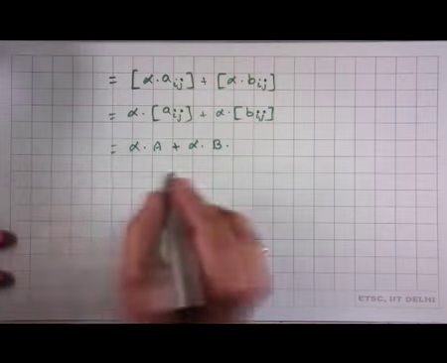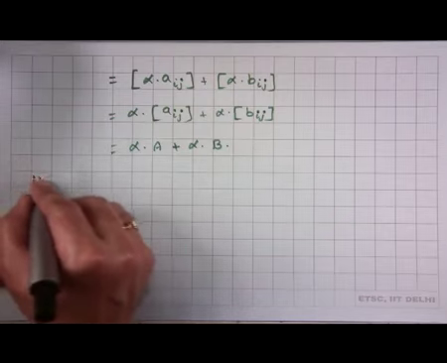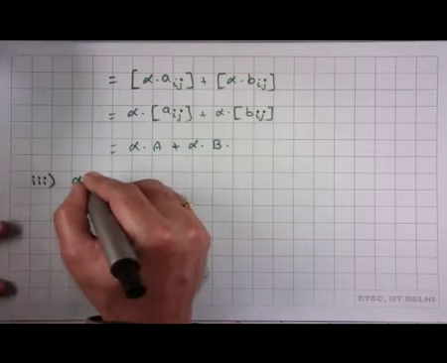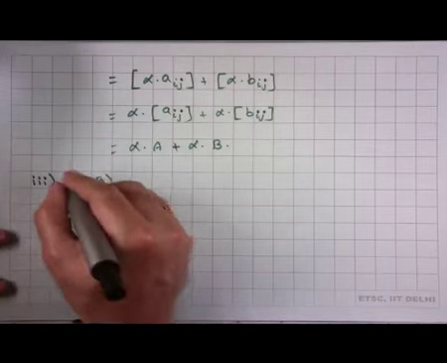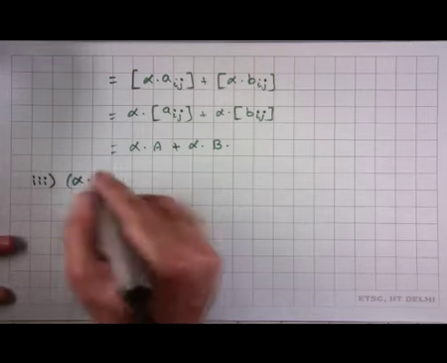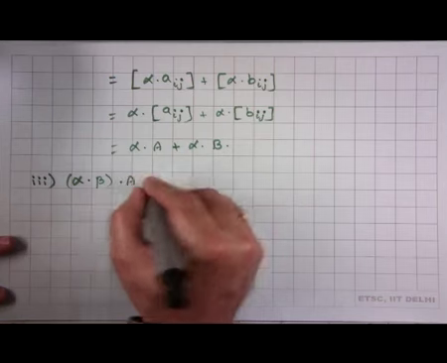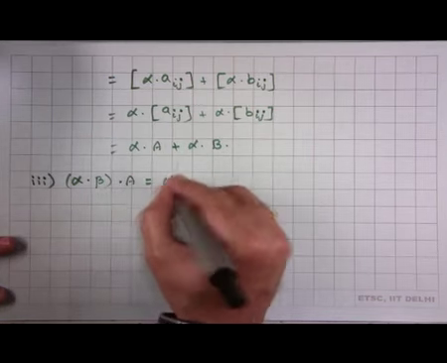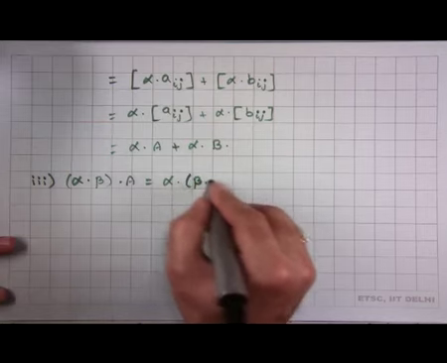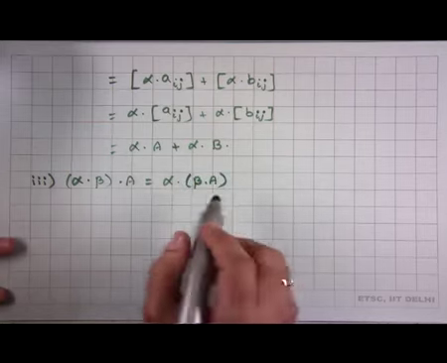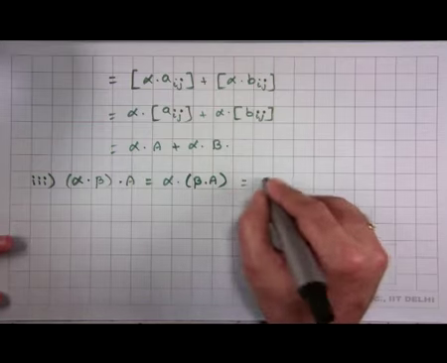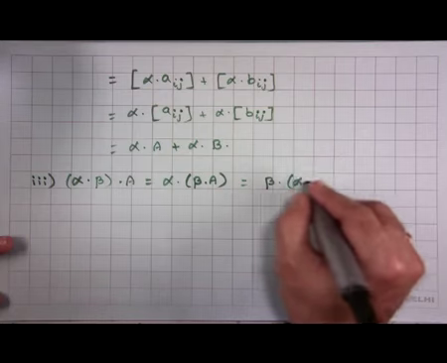Third one: for any two scalars alpha and beta, (alpha dot beta) dot A is the same as alpha dot (beta dot A), which is the same as beta dot (alpha dot A).